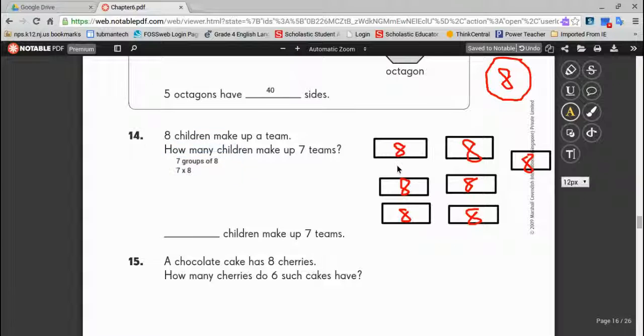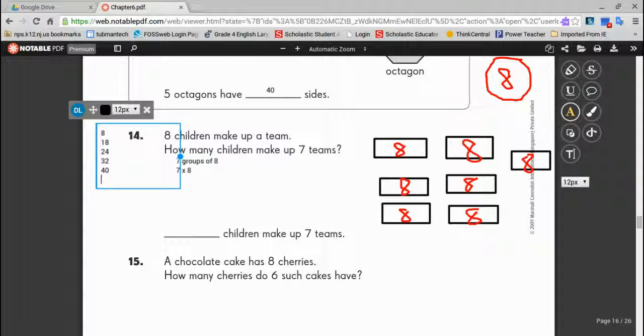And the easiest way of doing that is I can just write down my 8 multiples. So over here I'm going to write down my 8 multiples. Let's put it a little closer. Okay, so 8, 16, 24, 32, 40, 48, 56, 64, 72, and 80.